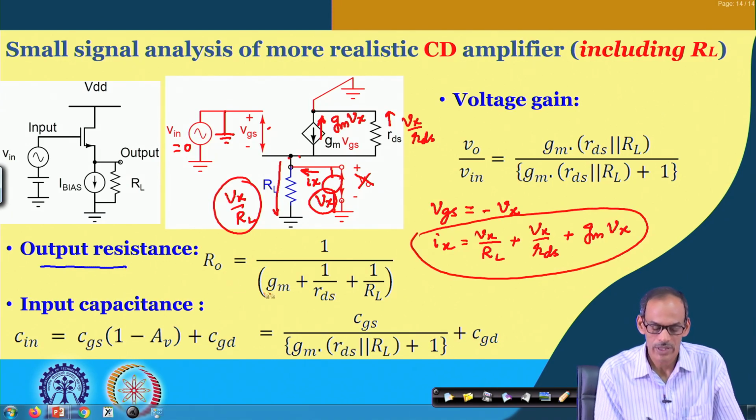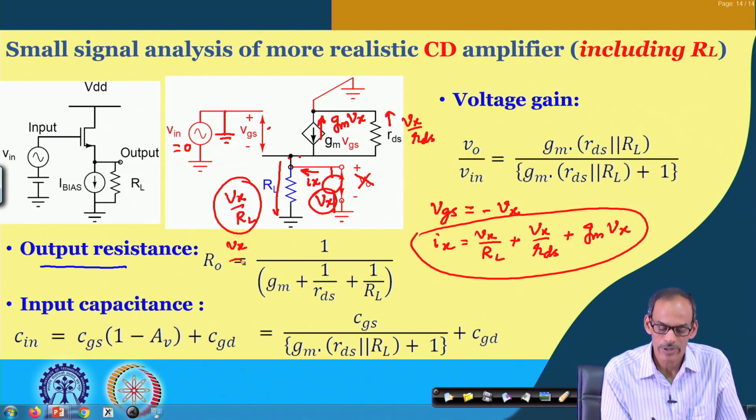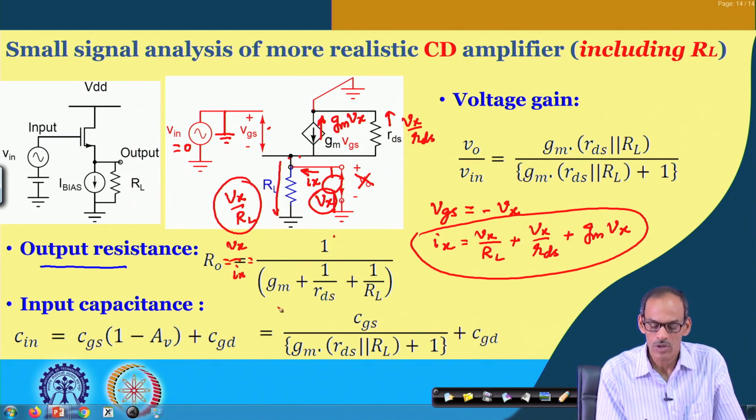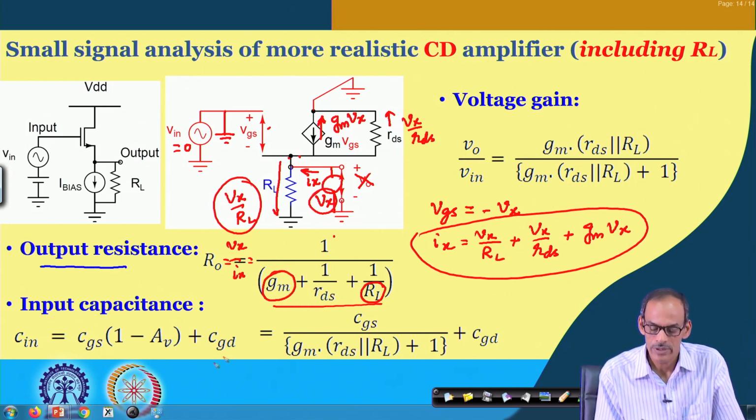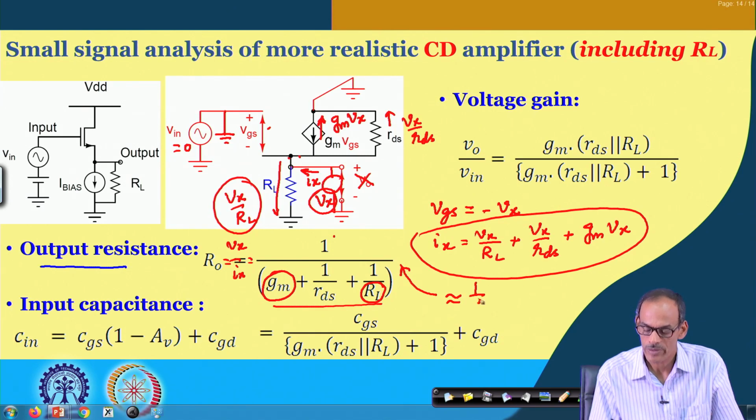Now, from this we can directly say that Vx divided by Ix equals the reciprocal of this total conductance. Again, even if I consider the effect of RL, for all practical purposes we can say that Gm dominates. As a result, here also we can say that the output resistance is approximately 1 by Gm, which is, you may say, low, quote and unquote low.